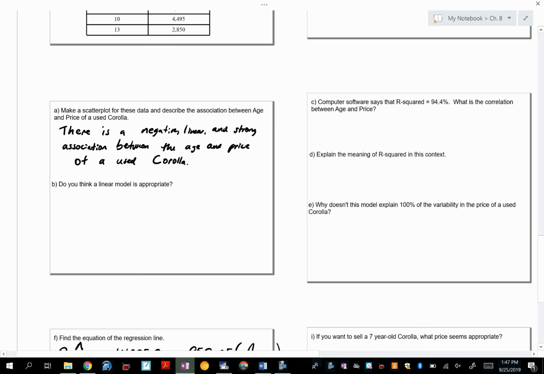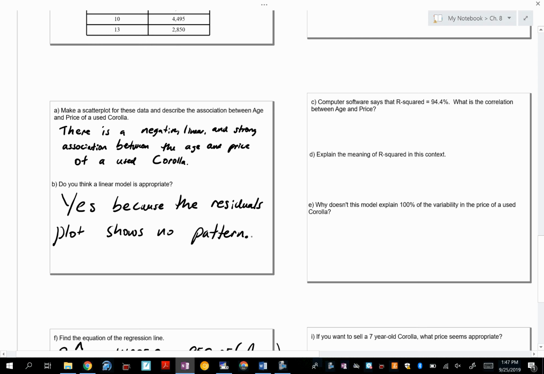Now, if you disagree with me, then your answer for B should be different. Do you think this model is appropriate? I'm going to say yes, because the residuals plot shows no pattern. So, Yoreth, what are you writing?